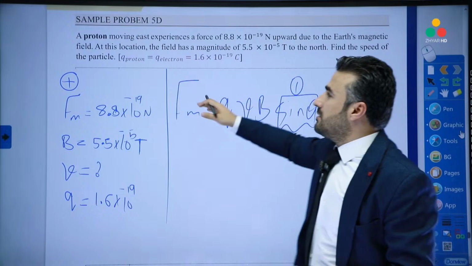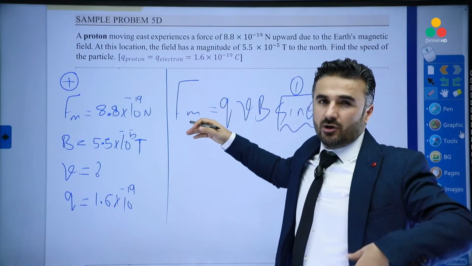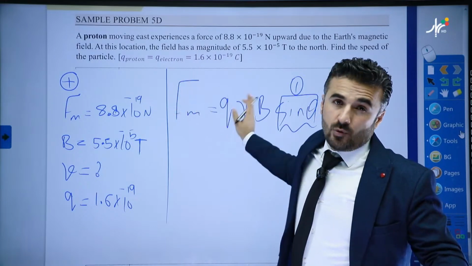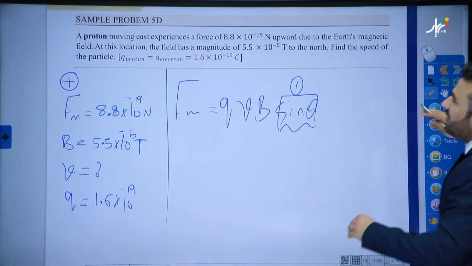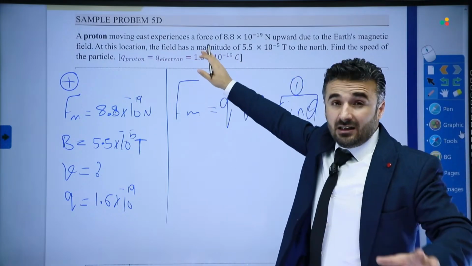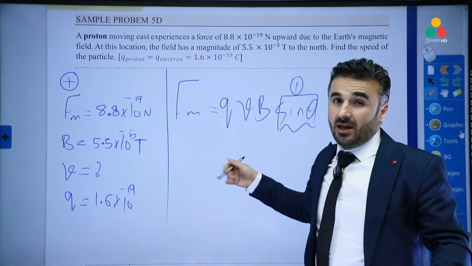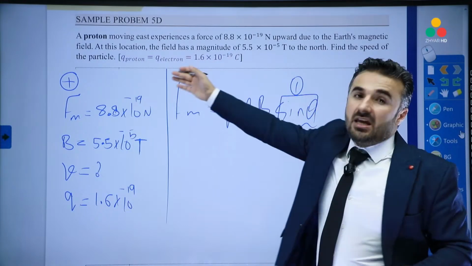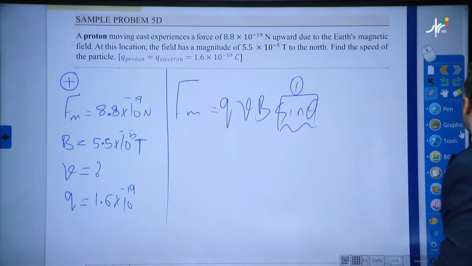When you don't have to use this: if it tells you that the charge is moving parallel to the magnetic field, then this force will be 0, and you don't need any calculation in that case. So just remember, if angles are not given, it is more likely that you are going to use F magnetic equal to QVB. But you have to be very careful, just in case it says the direction of the movement is parallel to the direction of the magnetic field. If that is the case, then the whole thing becomes 0.